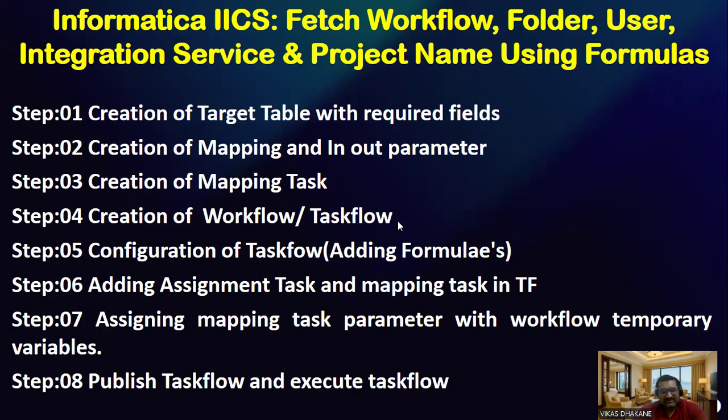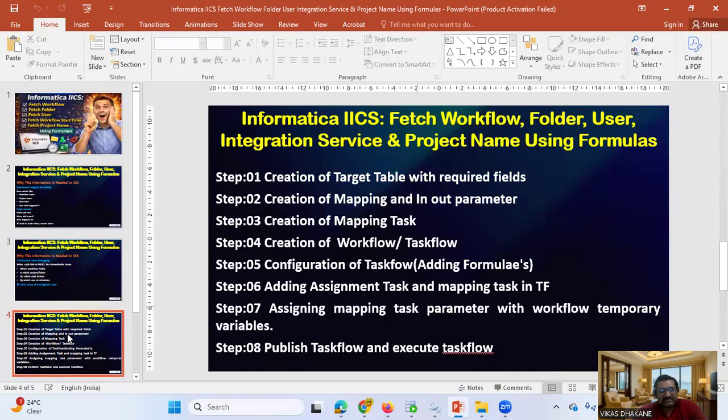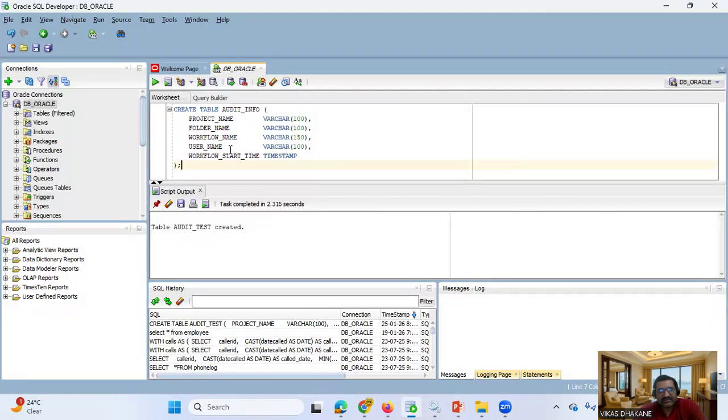I am using the Oracle database, and here you can see I already have my queries ready. We are creating the table with the audit info. We have these fields inside that table: project name, folder name, workflow name, username, and the workflow start time. So let's create the table first.